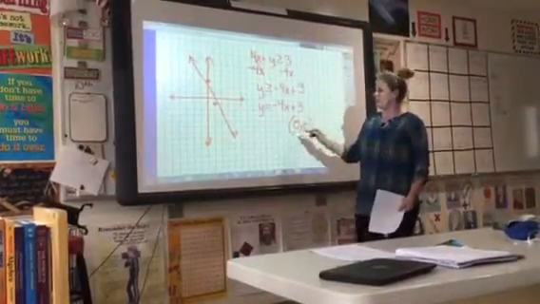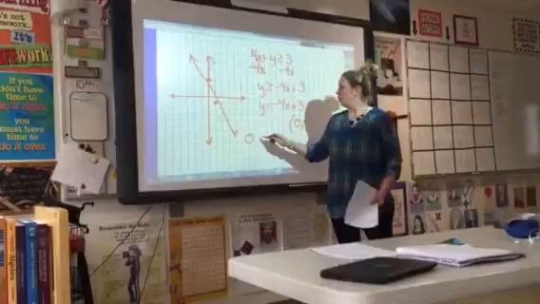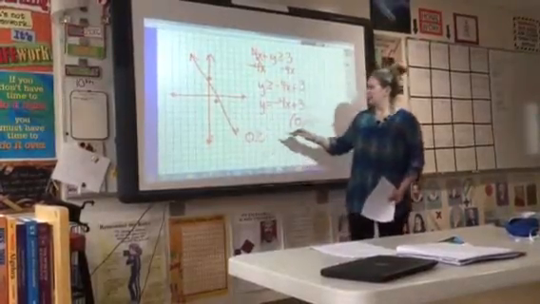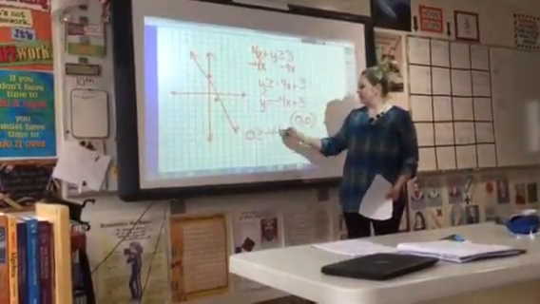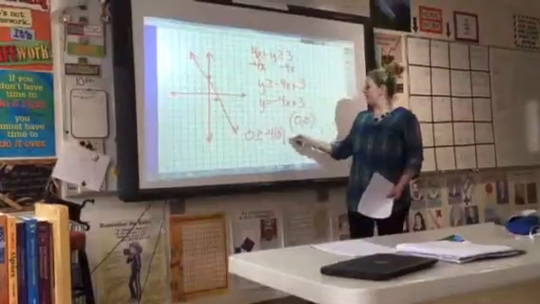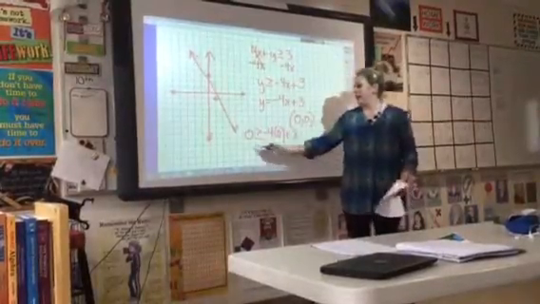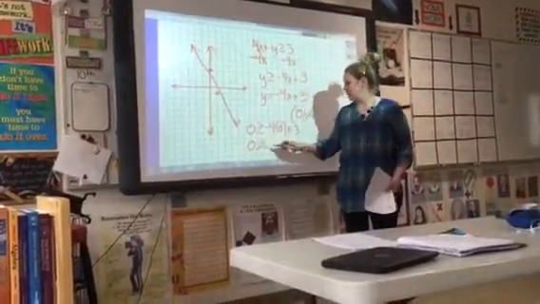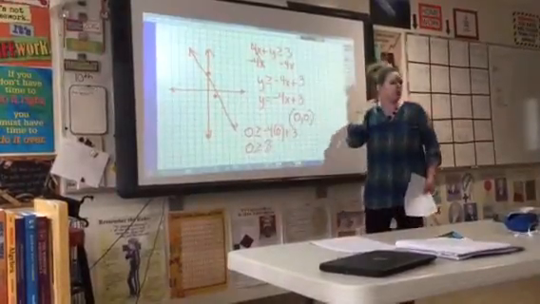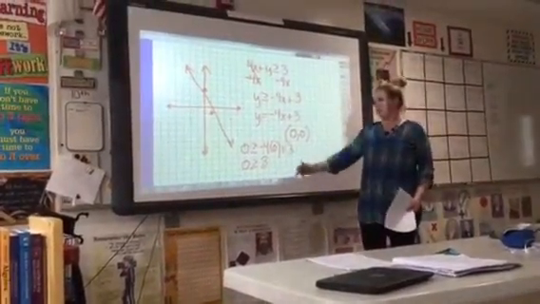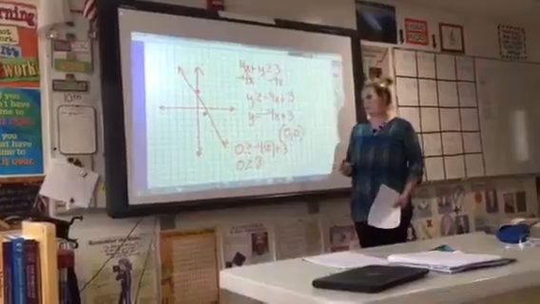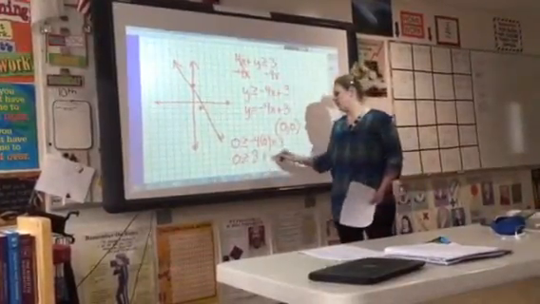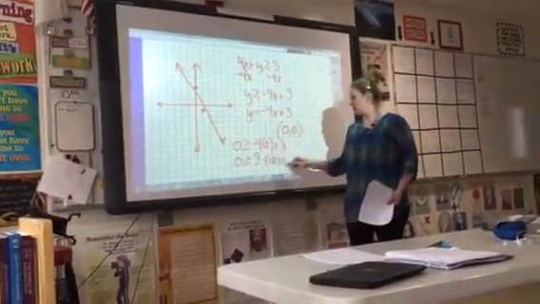We're going to use 0, 0, plugging in 0 for x and 0 for y in my inequality. What I'm checking is whether it makes a true or false statement. Does this make a true or false statement? False. This is false because 0 is not greater than or equal to 3.